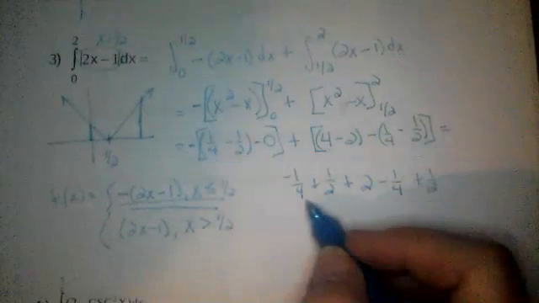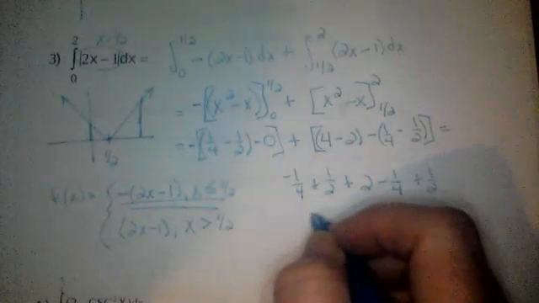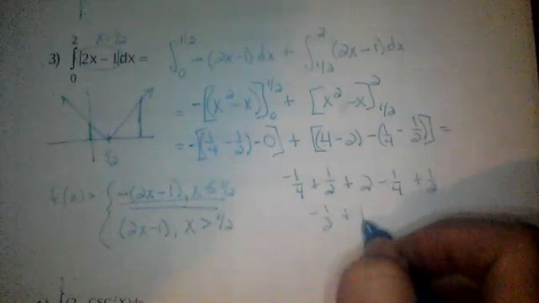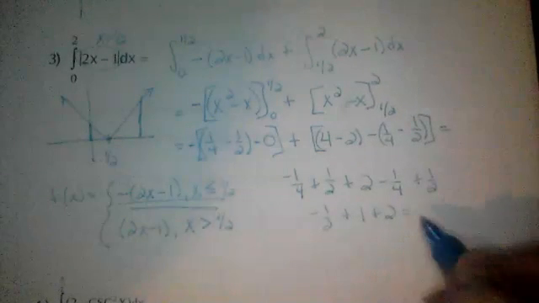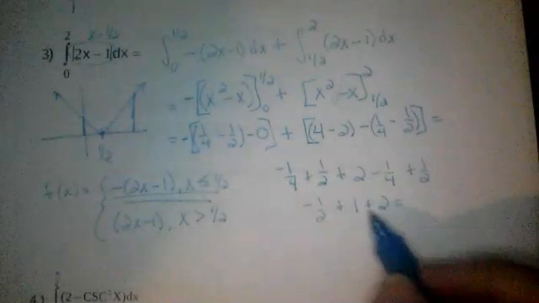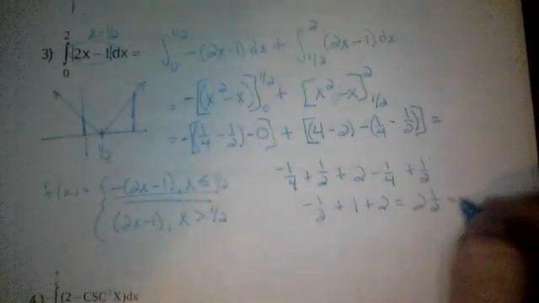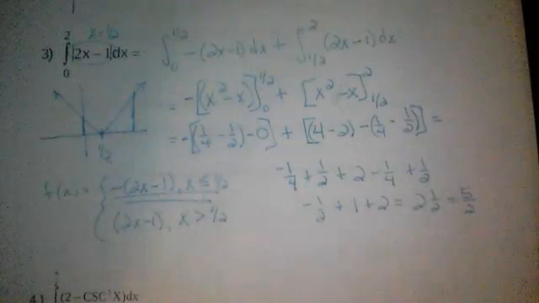All right, so negative 1/4 and negative 1/4 would be negative 1/2, and 1/2 and 1/2 would be plus 1, plus 2. So I get 3 minus 1/2, which would give me 2.5, or 5 halves.